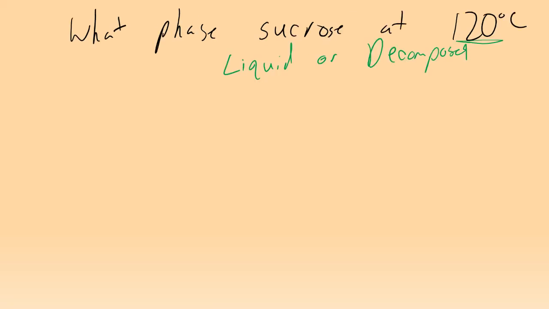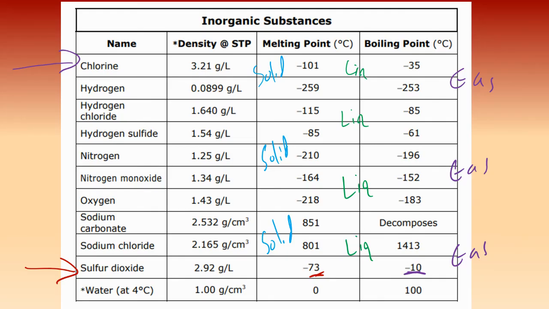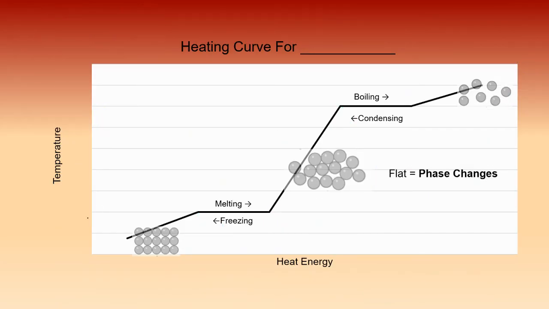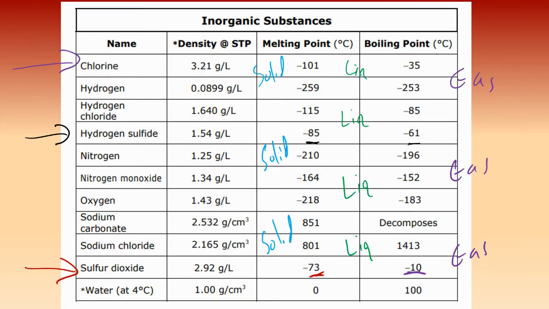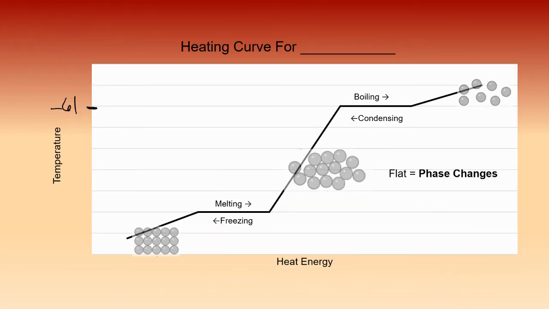So negative 50 for hydrogen sulfide is still above negative 61. So let's take a look here. So negative 61 would be for hydrogen sulfide the boiling point, negative 85 would be the melting point. This is for hydrogen sulfide.